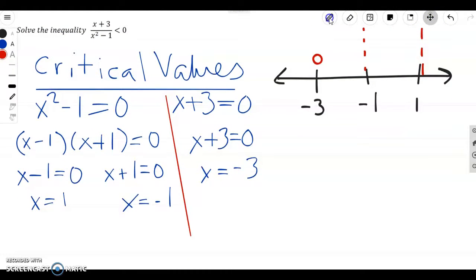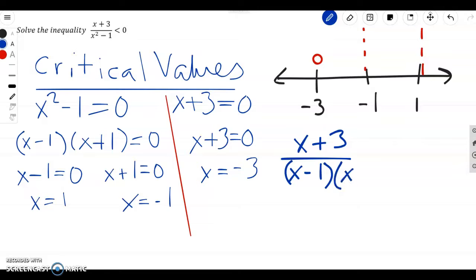So now we need to do an analysis. I'm going to write out the factored form. So we have x + 3 in the numerator. We have (x - 1)(x + 1) in the denominator.